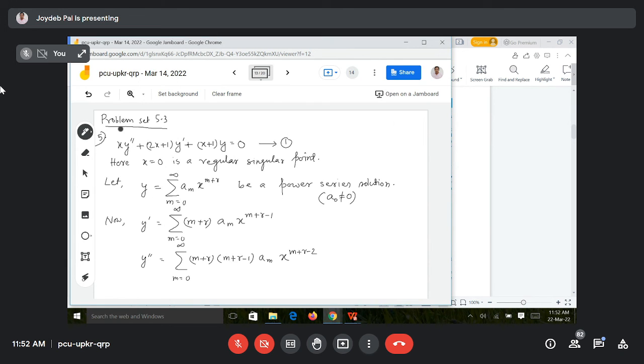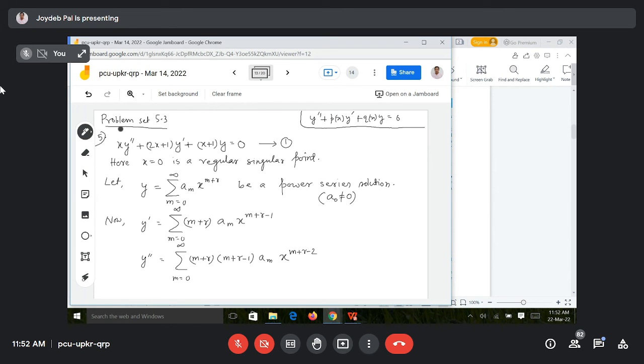Do you get how I am fixing p(x)? You have to compare the ODE with the form y double dash plus p(x) y dash plus q(x) y. Here you see that y double dash is multiplied with x.